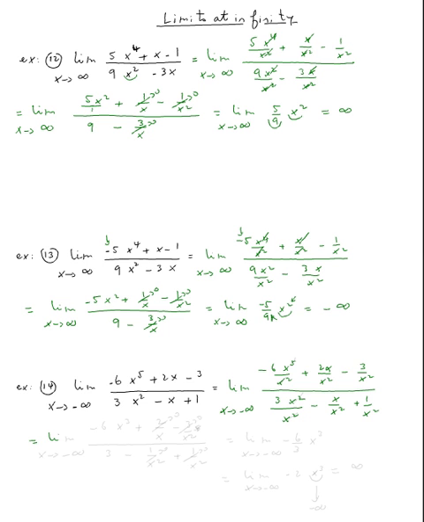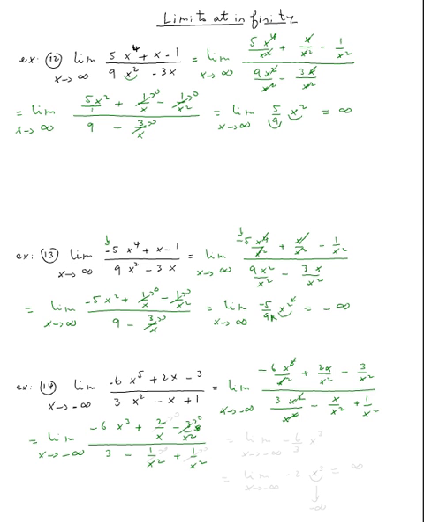Simplifying, we get the limit as x approaches negative infinity. So we get minus 6x squared goes with x squared, you get x cubed, plus x goes with x, we get 2 over x, minus 3 over x squared, everything divided by x squared goes with x squared, you get 3 minus 1 over x squared plus 1 over x squared as x approaches negative infinity.